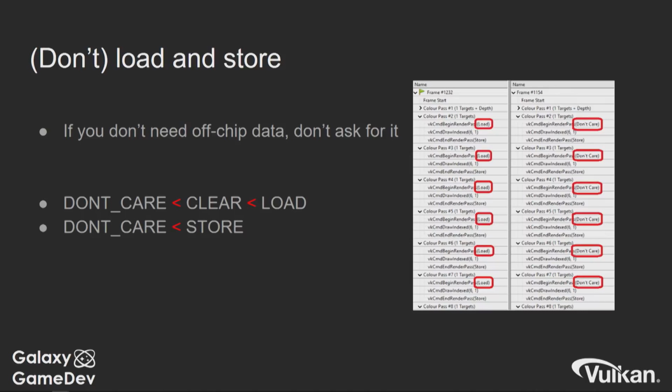For load operations, if you will write over the whole attachment, for example a color frame buffer, probably the best thing you can do is to say that you don't care what was in that attachment before. Still, clear is also quite efficient on tiled GPUs, so you may use that as well.